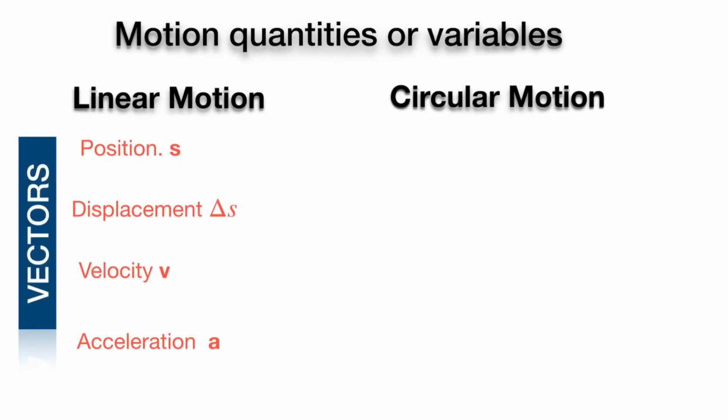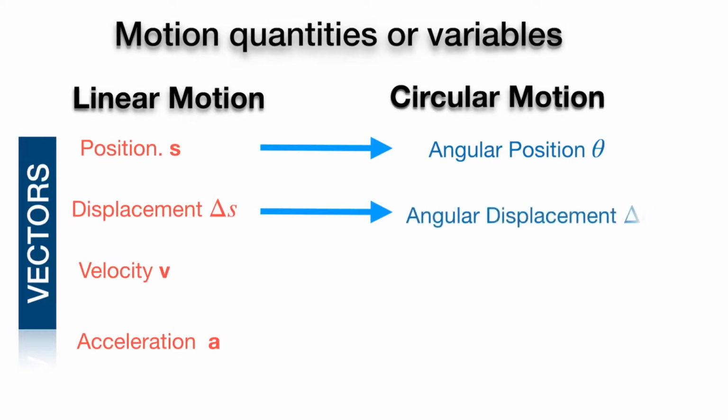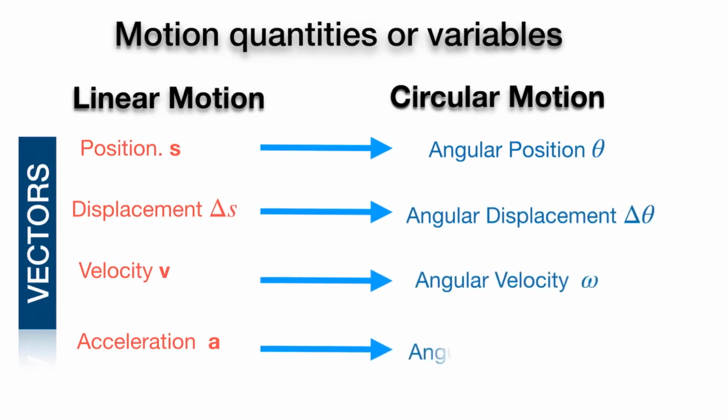Similarly, to present any circular motion, we need corresponding quantities that can present the position of a rotating object, its displacement with time, the velocity and the acceleration.